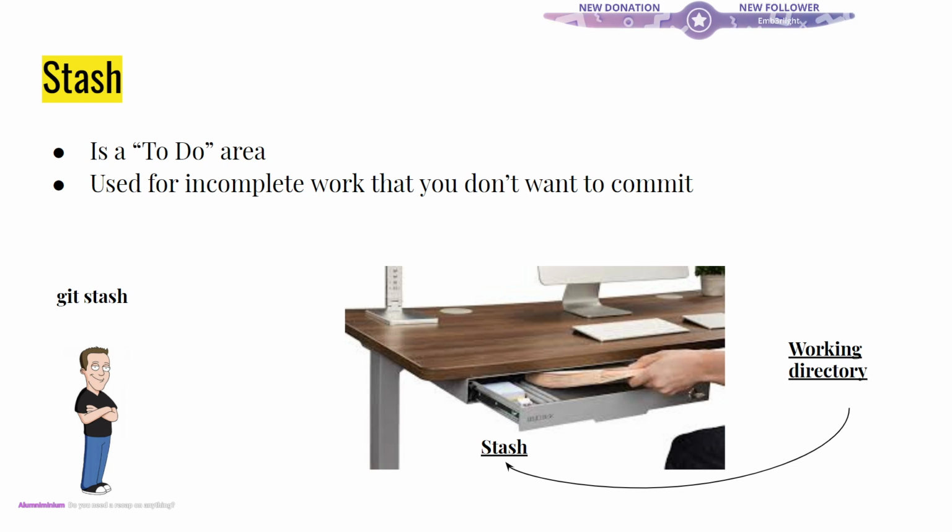And you can reach those files whenever you want. They're safe. But the thing is, you have a single stash for all the branches. And it's local. It's only local to your repository. It will not exist in remote. So stash is completely for your local work that you put aside for later.